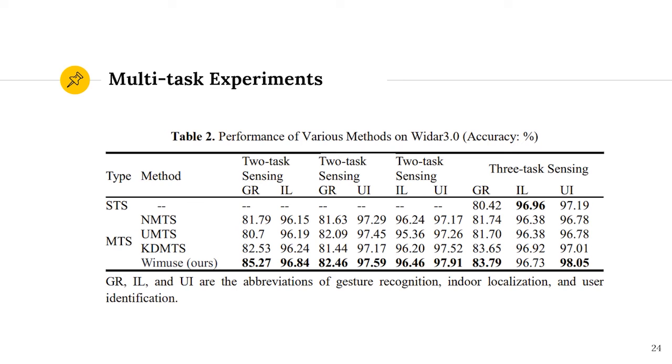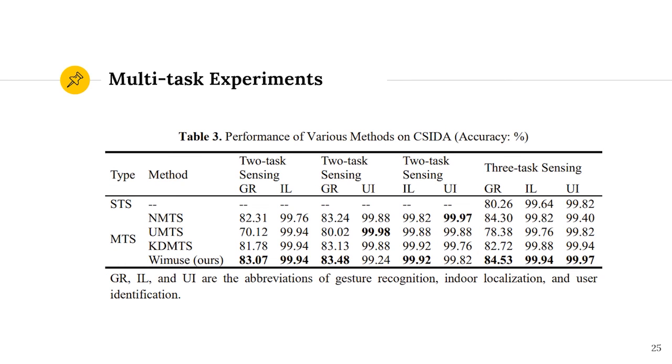Compared with the other approaches, Y-Muse has the highest accuracy in most tasks. And again, this is the result on the CSIDA dataset. And this shows that Y-Muse outperforms other models in most tasks.